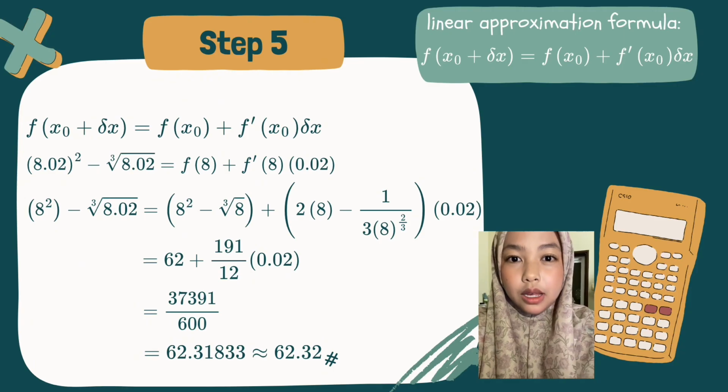The last step, using the linear approximation formula, we substitute all the values into the formula, and the answer we get is 62.31833. But since the question asks for 2 decimal places, our final answer is 62.32.